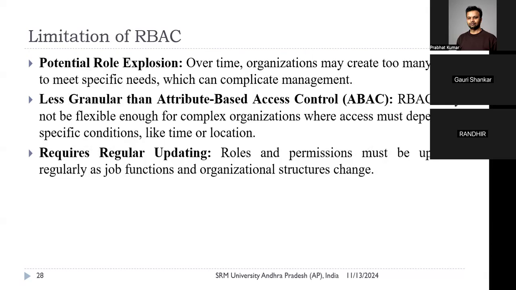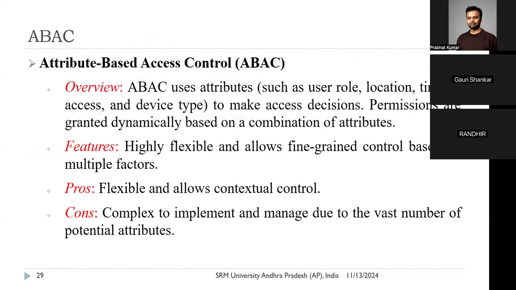To modify this, another control technique came, attribute-based access control, where a different set of attributes is also included with the role, and based on that, access control is provided. Next we will see attribute-based access control, because role-based access control generally fails when a large number of roles is created by the organization and permission is given for a large number of resources. In that scenario, managing different roles and giving permission is very difficult. So for that, attribute-based access control came.